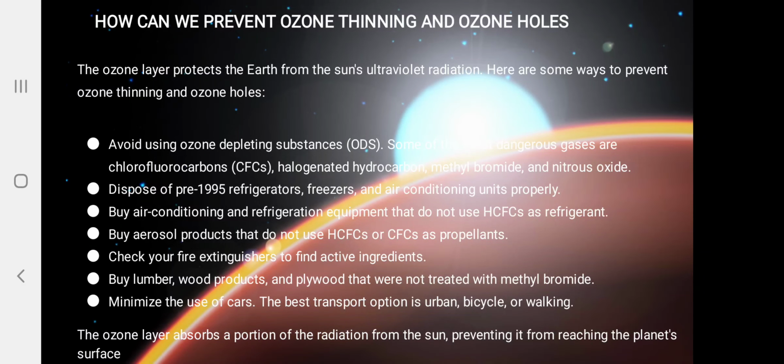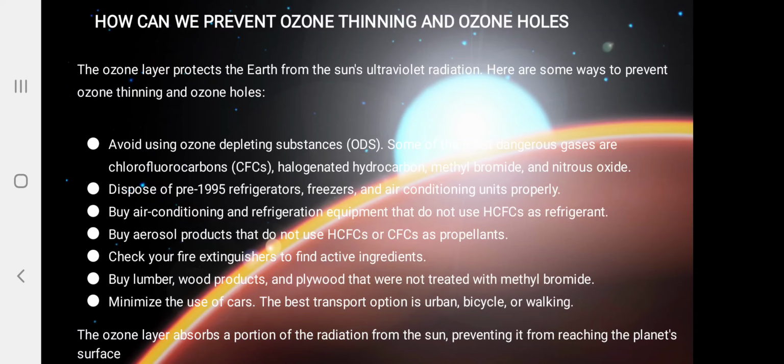How can we prevent the thinning of the ozone layer? Of course, by avoiding depleting substances like ODS. Then we should dispose of pre-1995 refrigerators, freezers, and air conditioners, because before 1995 all these products probably produced ODSs.